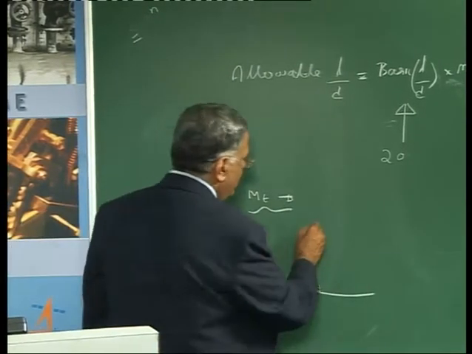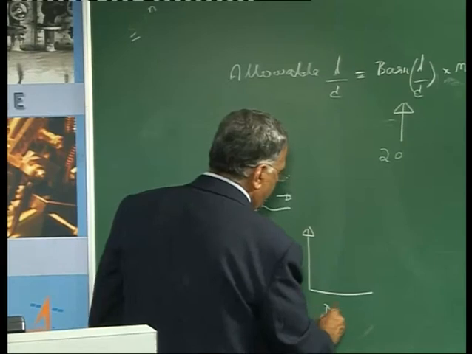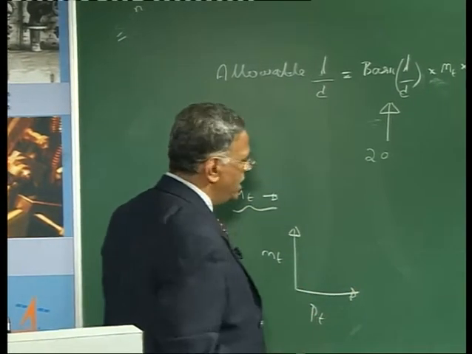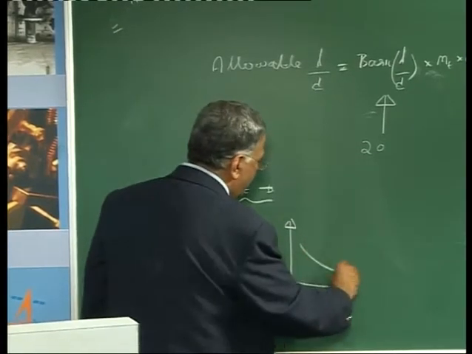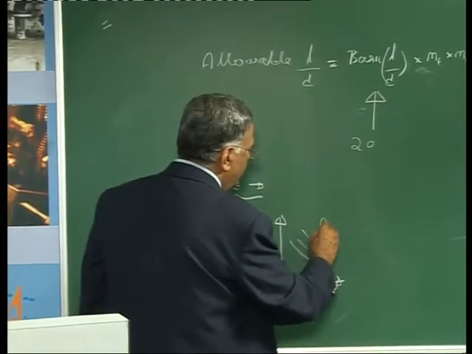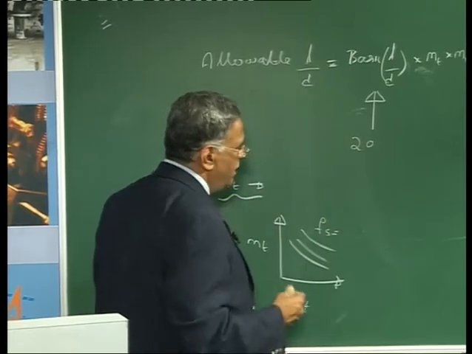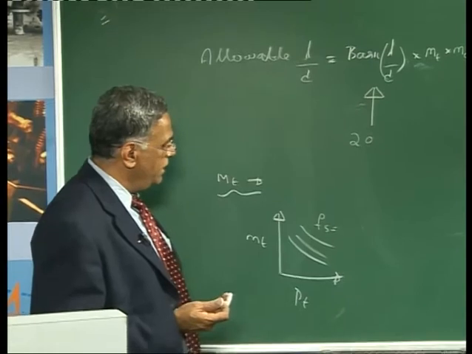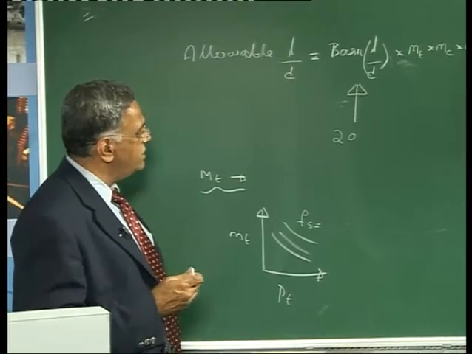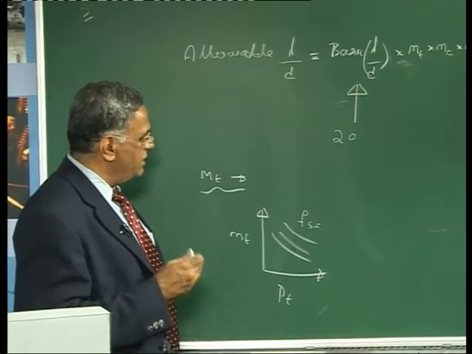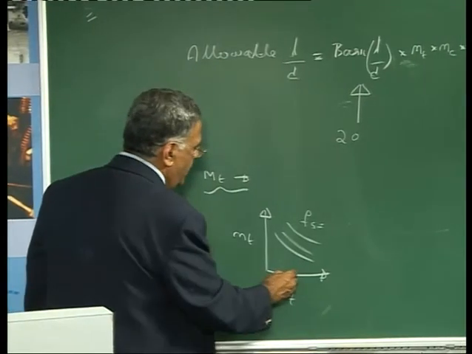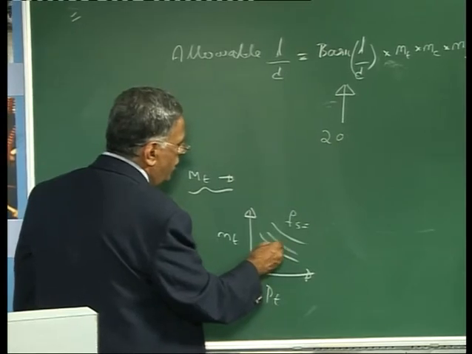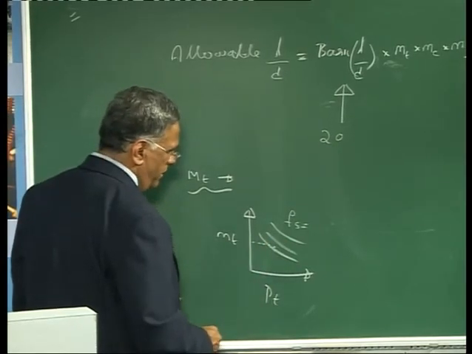In figure number 3, the values of PT are given along the x-axis and the value of MT is given along the y-axis, and there are several curves, each curve representing different values of Fs. So for a particular value of PT and a particular value of Fs, you are going to pick up the value of MT.